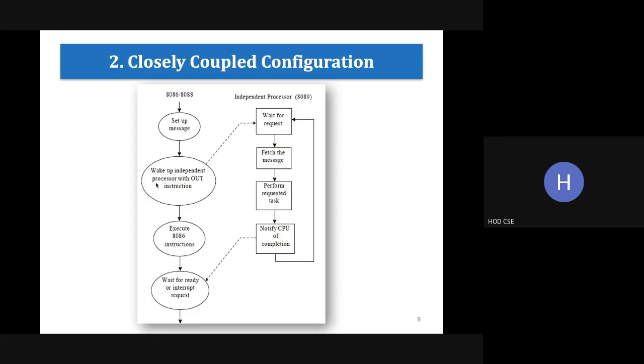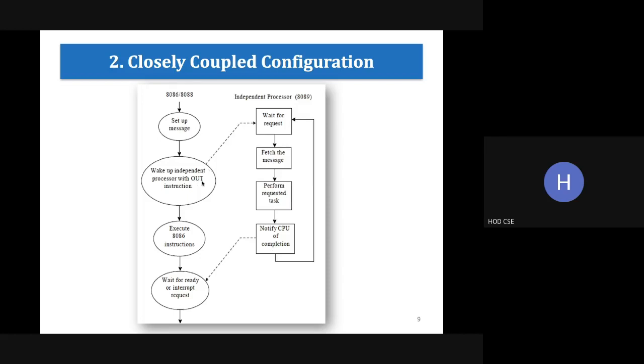Here, let's see the wake up of the independent processor with the out instruction. Out means, suppose we have the printf statement, when it is converted to assembly language, it will be converted as an out instruction. And if there is a scanf statement, it will be converted as an in instruction. So here we have a printf statement, converted as an out instruction in assembly language.